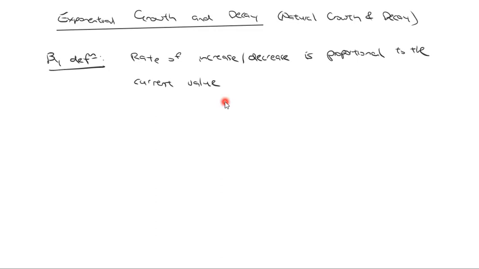So we've come up with examples of this before. The classic examples of growth would be, for example, population growth. So if you have a country with 20 million people, the amount of people that you will have next year is related to how many there are now, right?